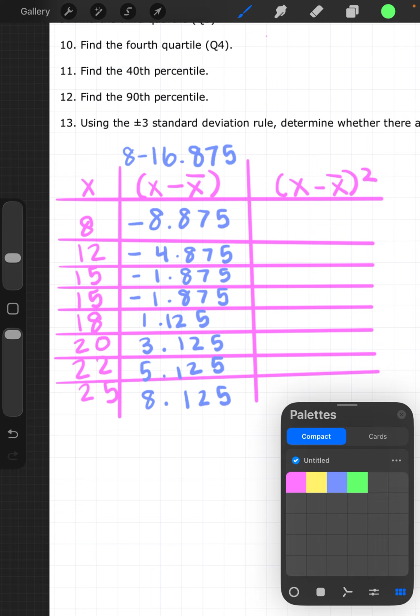And then x minus the mean squared is just going to be what we just had but times itself, squared. So that's going to be 78.77.